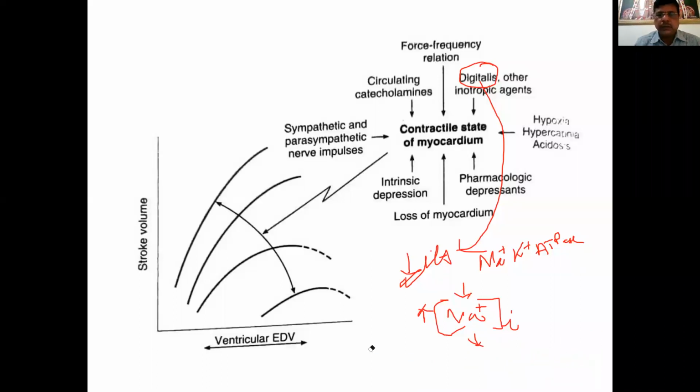Intracellular sodium concentration is increased.